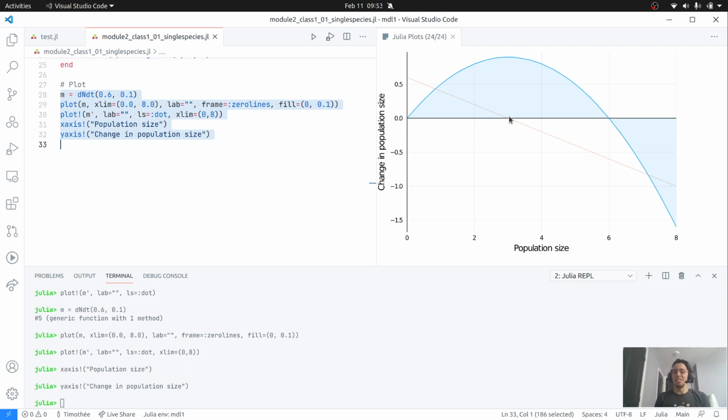That requires no mathematics. We didn't even have to calculate the second order derivative of this system because Zygote is doing that for us. We write a function that is the differential equation model, and then we add a prime on top of this function, and it is the second order derivative. And so that is one plot that we can do for a one population model that tells us we have two equilibriums.